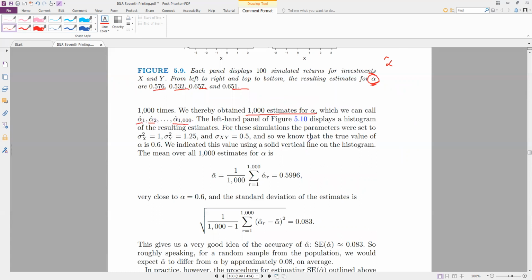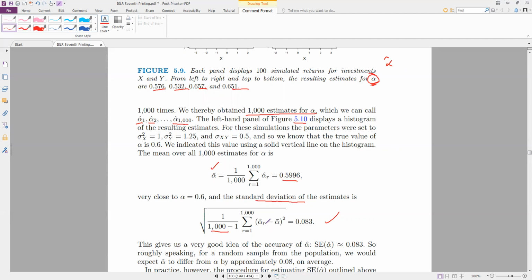And the left-hand panel of 5.10 displays the histogram of the resulting estimates. Now, let me just tell you what we're going to be looking at here. You're going to have the mean estimate right here, and then you're going to have a standard deviation of the estimates right here. So they're computing a standard deviation, and you can see how they're computing it, why this kind of makes sense as to why it's the standard deviation.